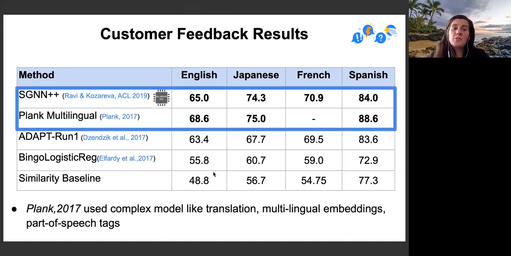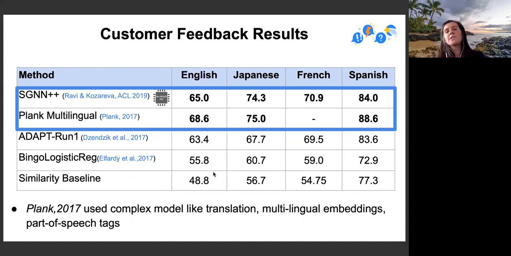Next, what was very interesting is that our model was very similar in performance to the multilingual approach. That was a system that actually participated in different challenges. But what we noticed is that the team creating the models was doing a lot of translation.